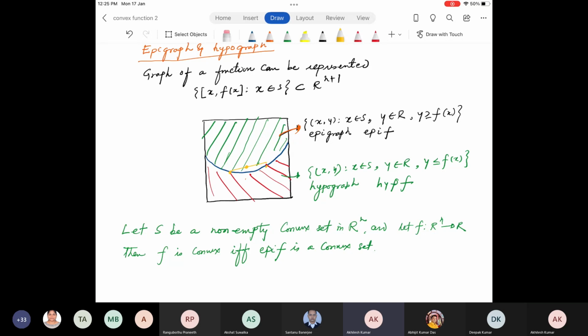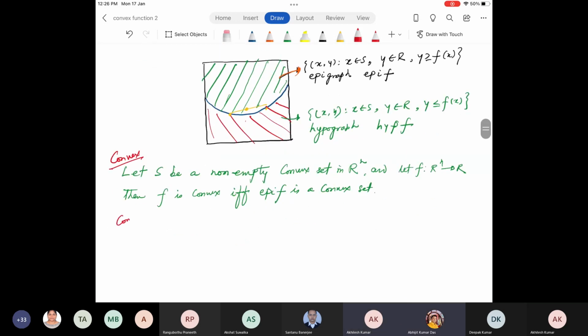So for a hypograph, it is not true. But if I can show that the epigraph of f is a convex set, then the function is convex. Similarly, what can be said about the concave? Just look at the graph carefully and tell me. The hypograph will be a convex set. Good.